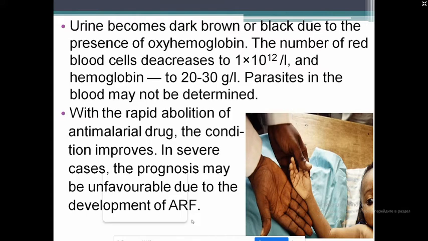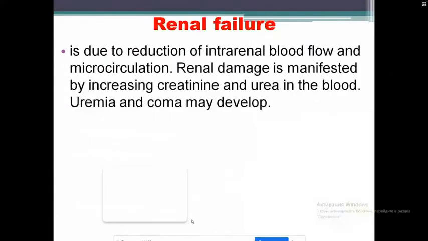With the rapid abolition of the antimalarial drug, the condition improves. In severe cases, the prognosis may be unfavorable due to the development of acute renal failure. Renal failure, dear students, develops due to the reduction of intrarenal blood flow and microcirculation.